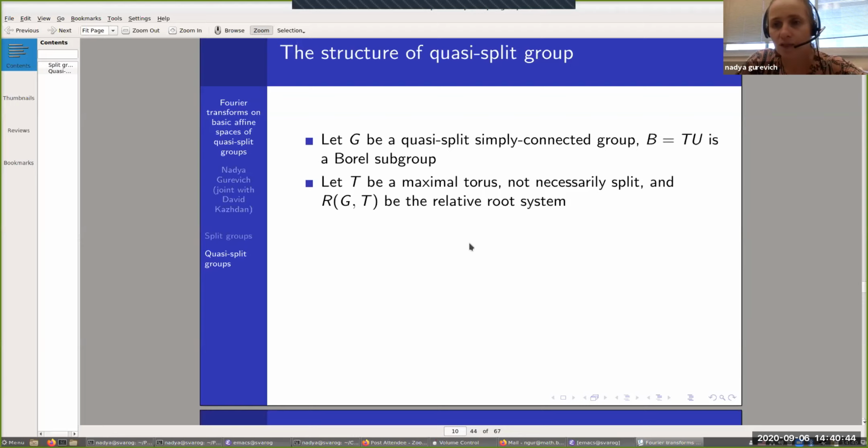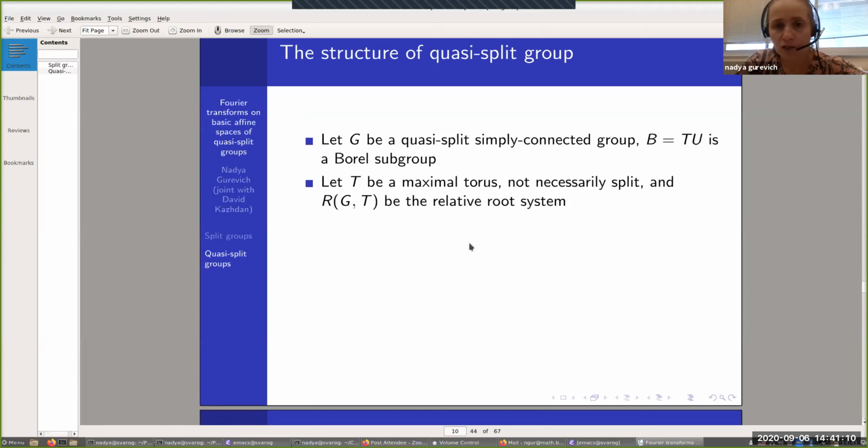The typical example of a quasi-split group which is not split is a unitary group. Another example is an orthogonal group corresponding to a quadratic space with a quadratic form which is not split, meaning not a sum of hyperplanes.